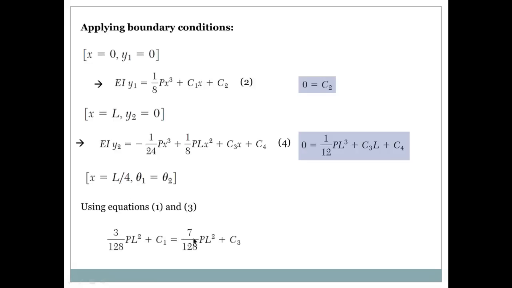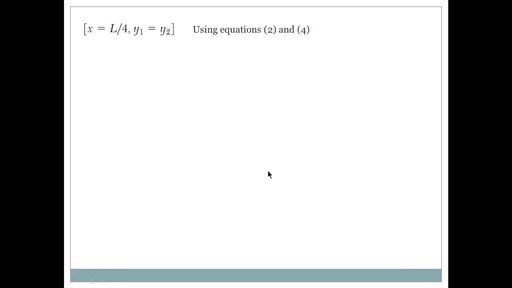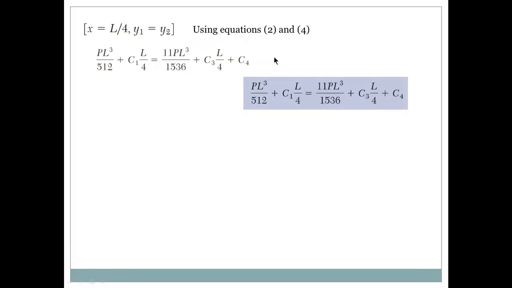So we have this, and this is what I get. I cannot simplify it more. And the same way for L over 4, y1 equals y2, using equations 2 and 4, I set them equal to each other, and this is what I get.